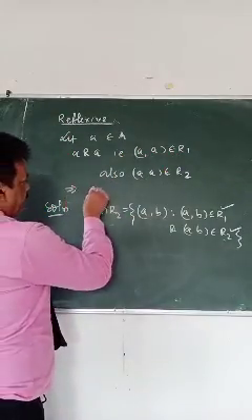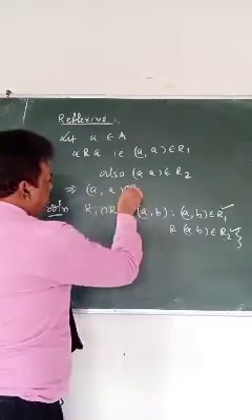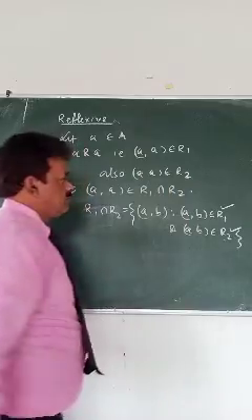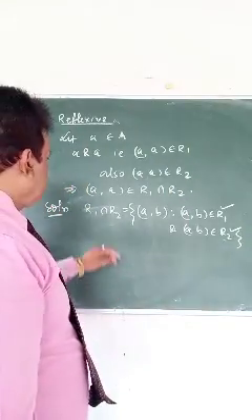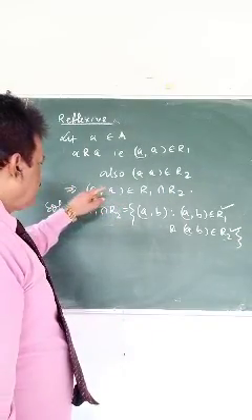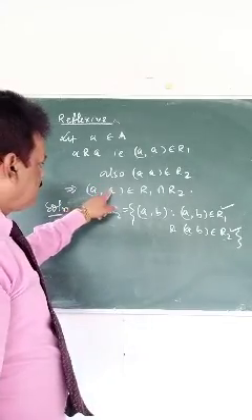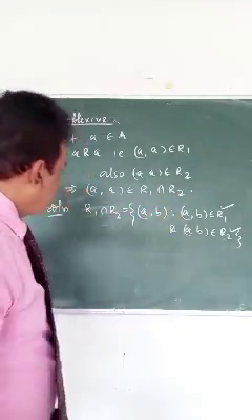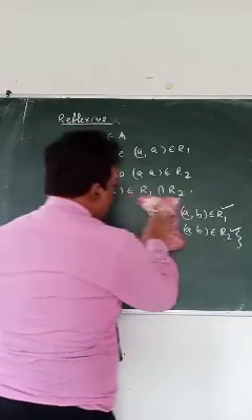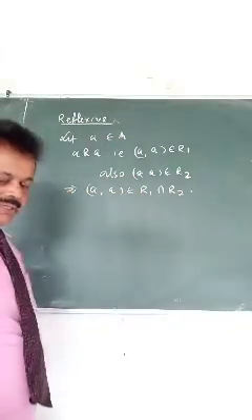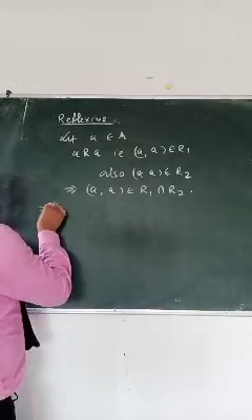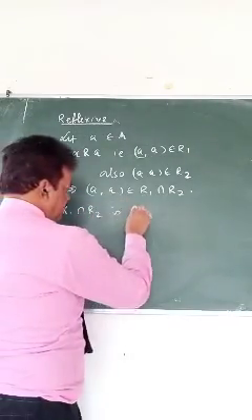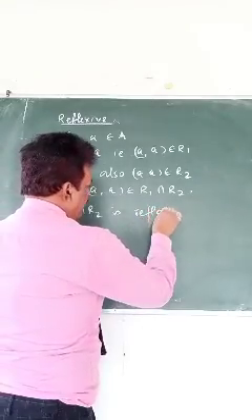Implies (a, a) belongs to R1 intersection R2. So R1 intersection R2 is reflexive.